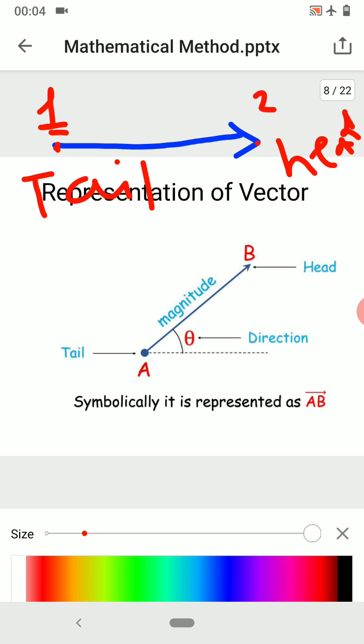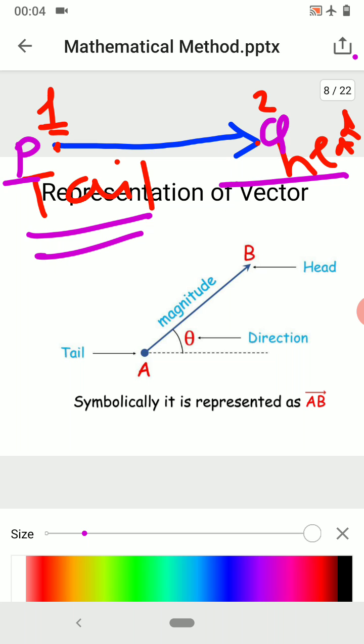If I write here P and Q, the first point of the vector is P and the second point is Q. Then the initial point of the vector, or the tail point, is P, and Q is the head point. The head is the terminal point, so in general Q is called the destination of the vector.